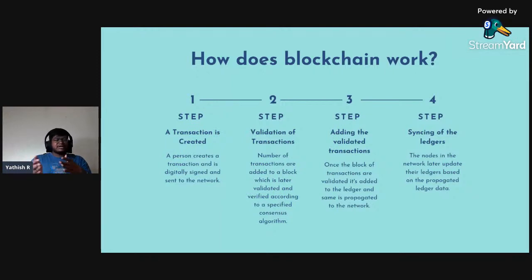Within 10 minutes, the transaction has to be validated. These are the kinds of different things that happen. There are a lot of other things based on the different blockchains and different consensus algorithms they use. But this is the basic version, simpler to understand, and it's easy for you to get started also.